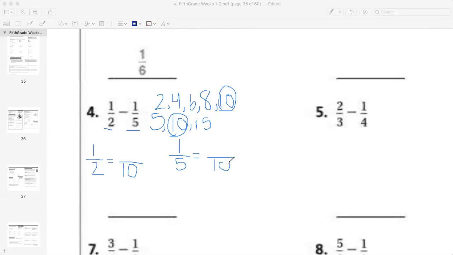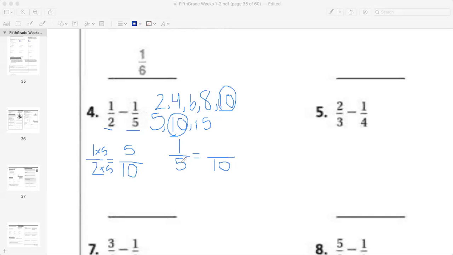If you use the smaller one, you're going to be closer to a simpler fraction than if you had the biggest. So then we think 2 times what gets me 10, and 2 times 5 gets me 10, and that means I also need to multiply by 5 on the top, and 1 times 5 is 5. So my 1/2 is the same as 5/10.